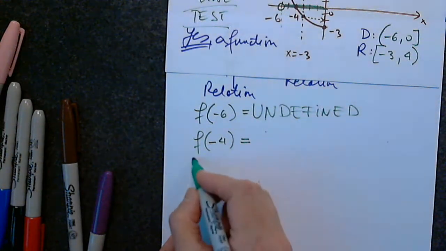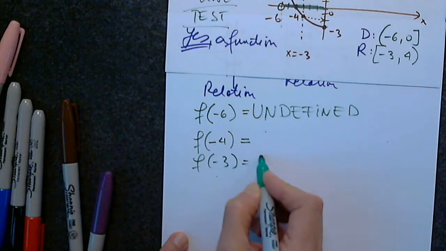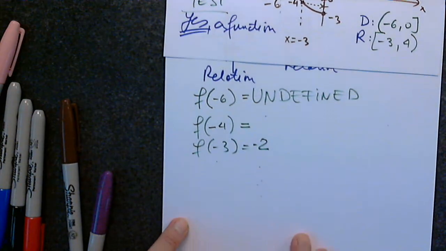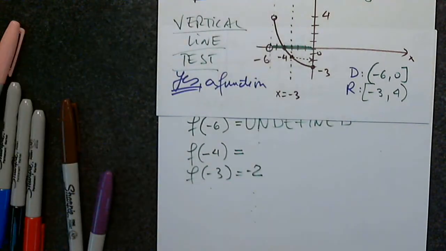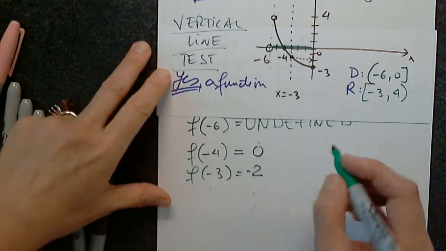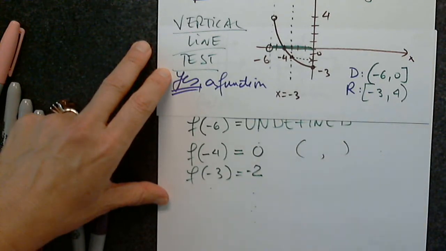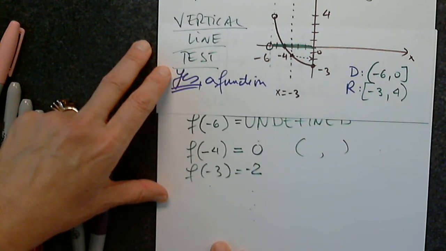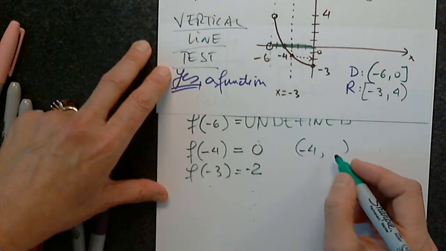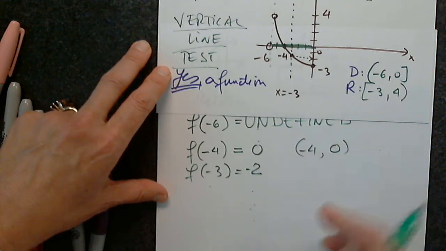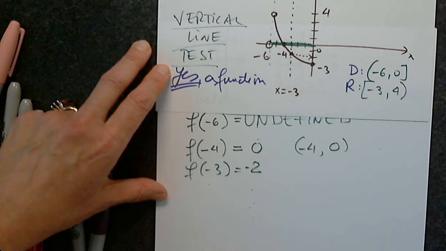That was f of -3. Let's write also f of -3. That was -2. But now I want f of -4. Very good, 0. Which ordered pair did we read from? That's it. -4, comma 0.